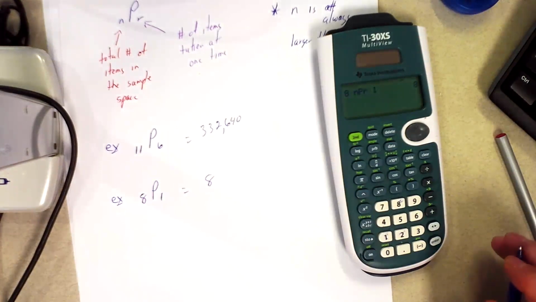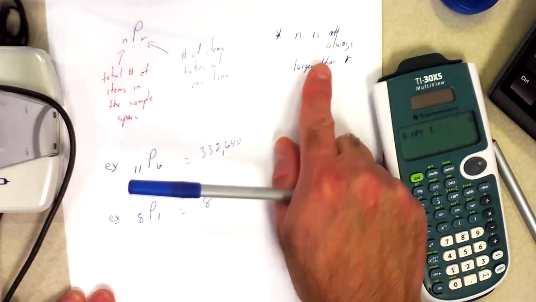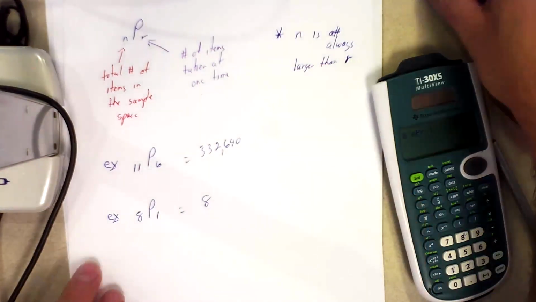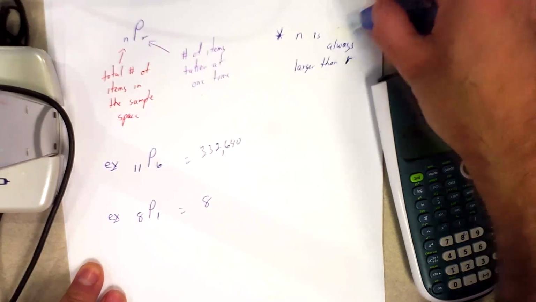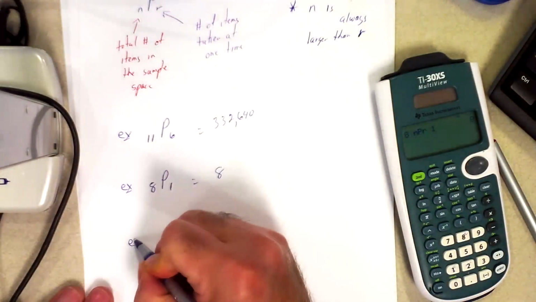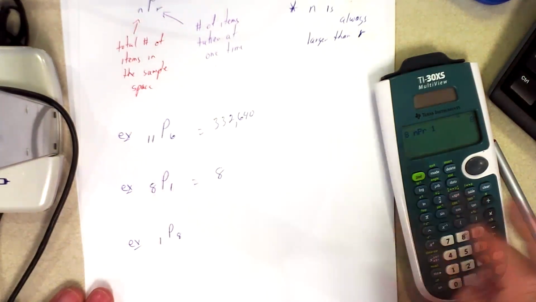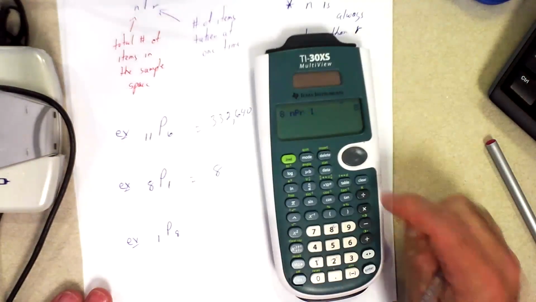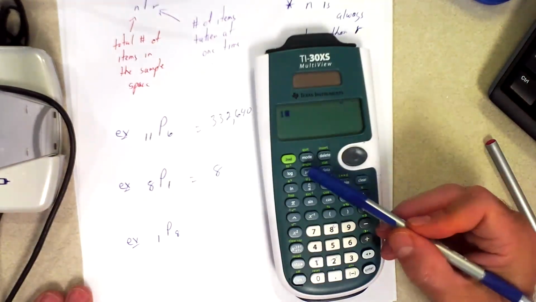Weird. Now, this is what I was telling you about the rule. The N is always a bigger number than the R. So if you had accidentally put 1P8, let's see what happens. You do 1, nPr, 8.